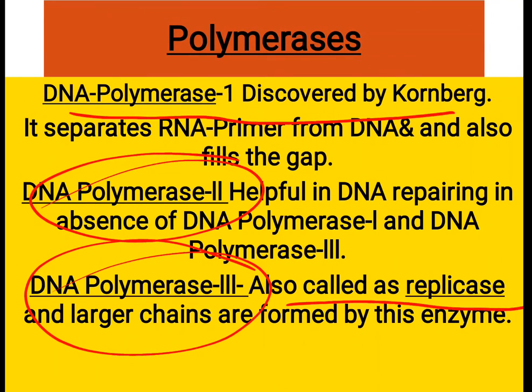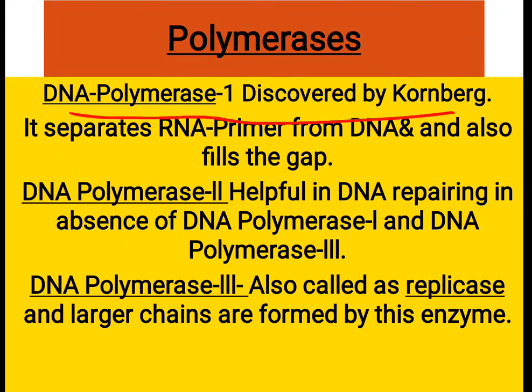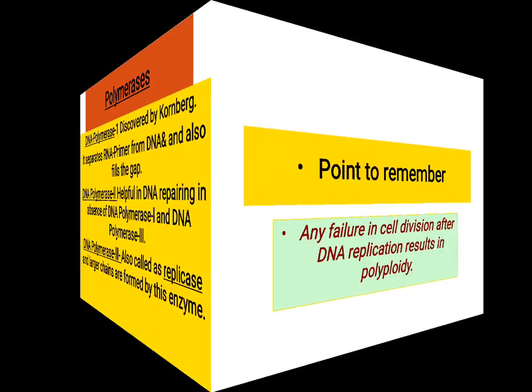It is also called the replicase, and it was discovered by Delucia and Cairns. Large chains are formed by this enzyme, hence this is also called the replicase enzyme. So these three types of polymerases, very helpful enzymes in DNA replication, are seen in the prokaryotes.